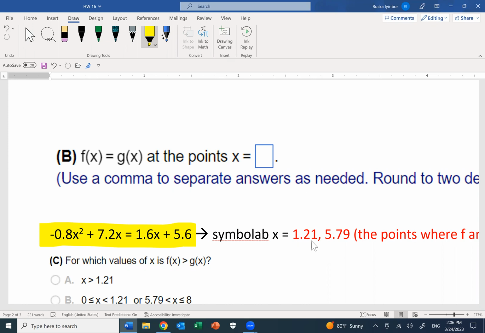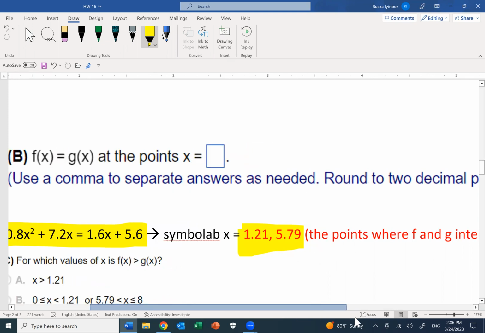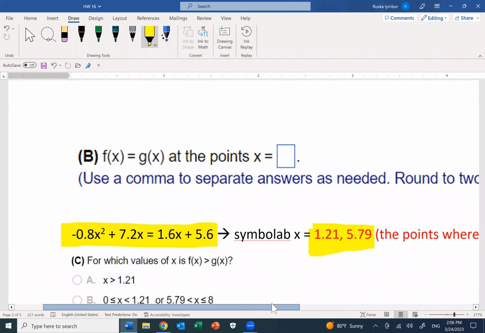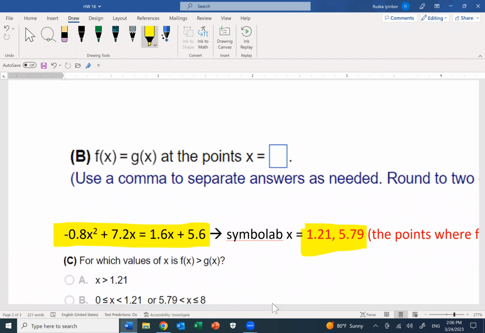This is quadratic because you have x squared. And these are the numbers I get, 1.21 and 5.6. So those are the points where F and G intersect. So how do you find those 2 points? When you solve F equals G, it gives you the intercepts of the 2 graphs, graph F and graph G. You're just solving a quadratic equation.